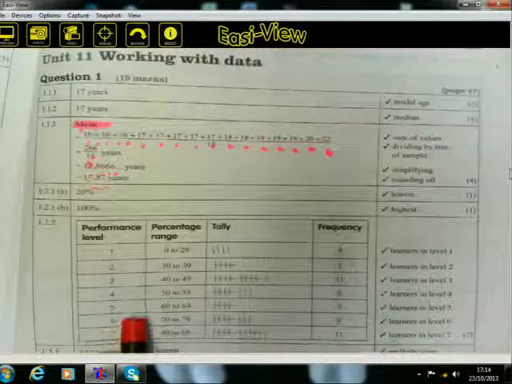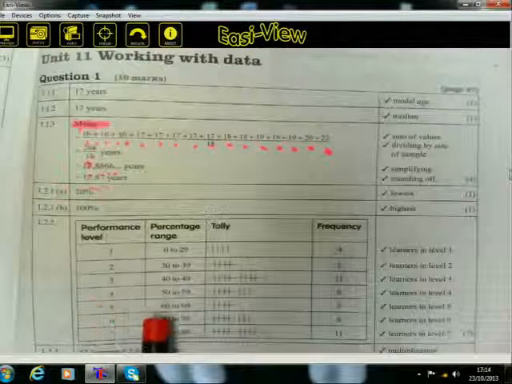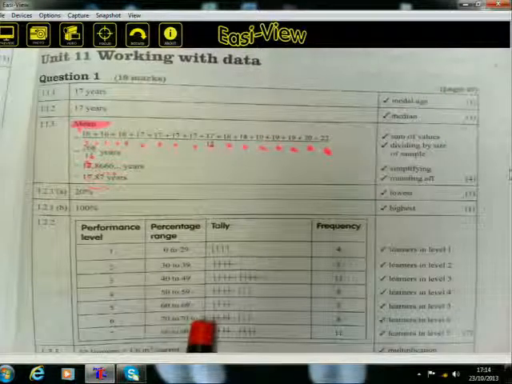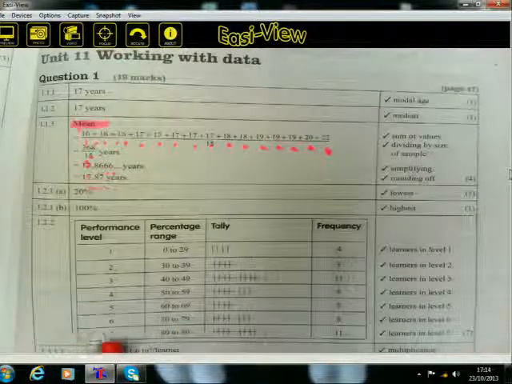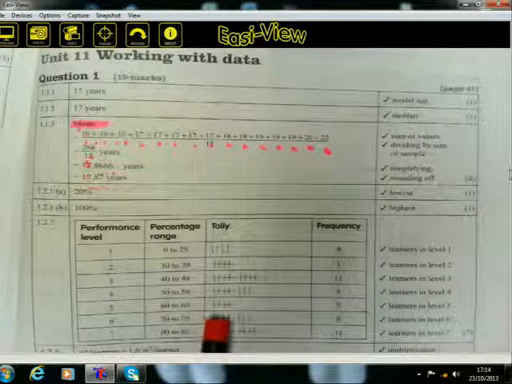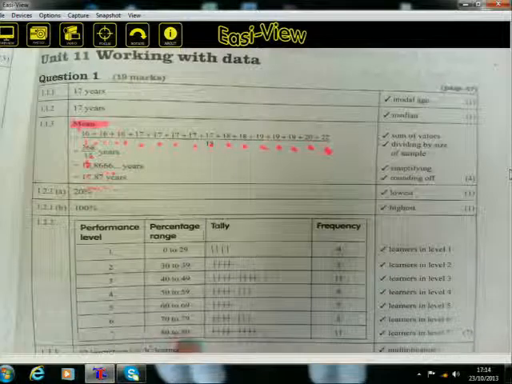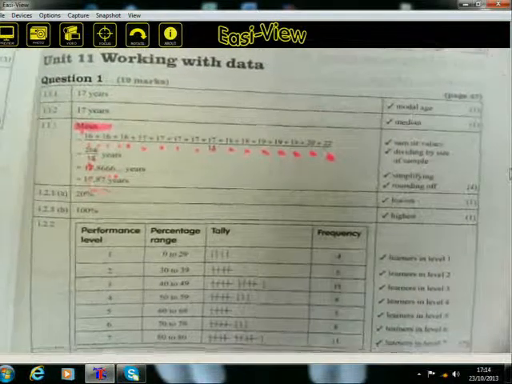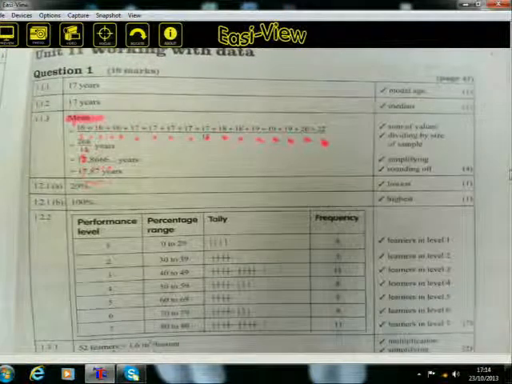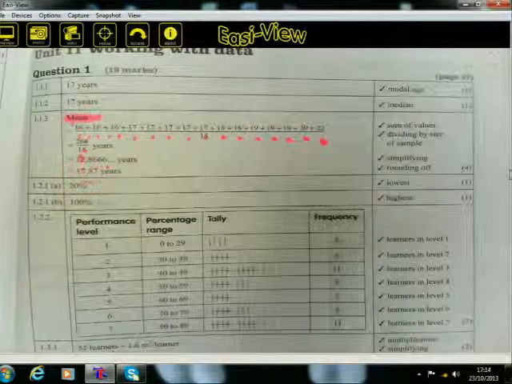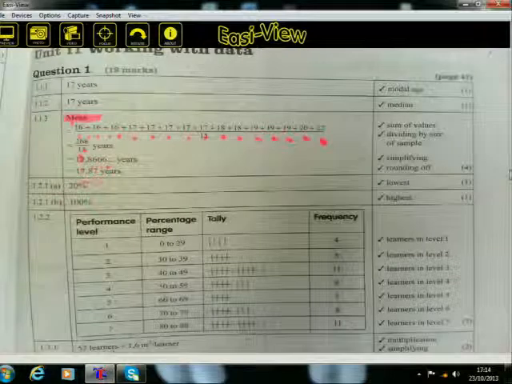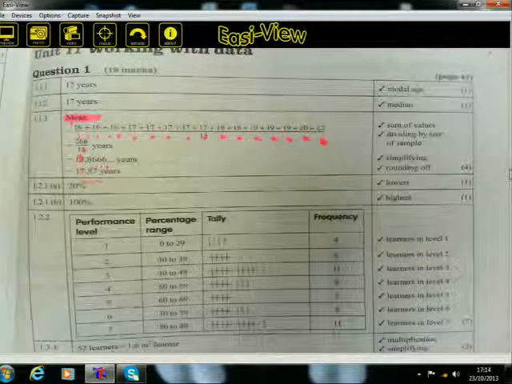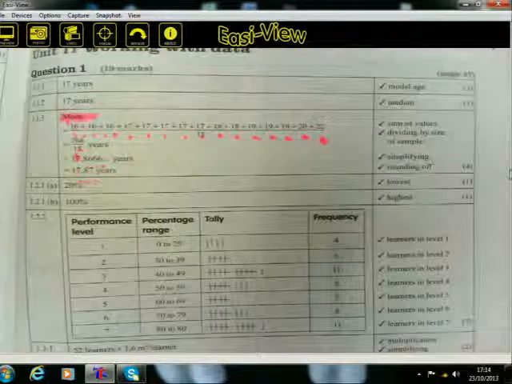Level 4 is 50 to 59. Level 5 is 60 to 69. Level 6 is 70 to 79. Level 7 is 80 to 100. Sorry, I wrote 80 to 80 here. That's 80 to 100.